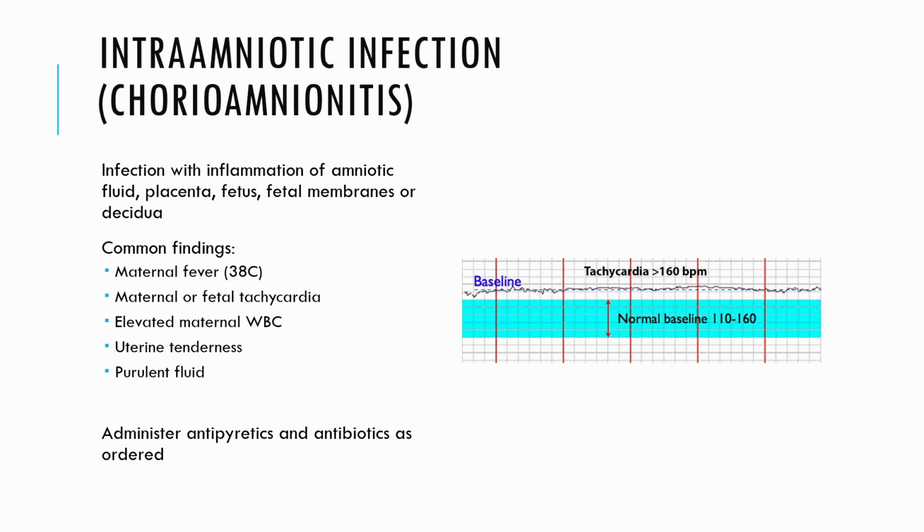Do you think it would be a good thing with an infection in your uterus to now take a patient back and cut into that uterus and make a wound? Okay, that won't heal as well. If your patient does get diagnosed with chorioamnionitis, you're going to administer antipyretics, so Tylenol, and antibiotics to help control this.